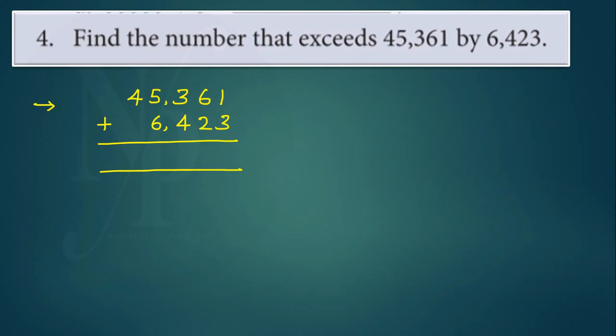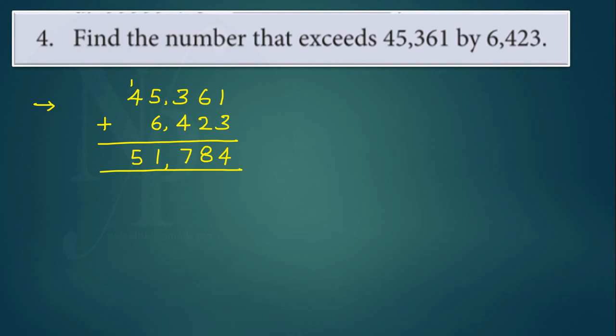So 1 plus 3 is 4, 6 plus 2 is 8, 3 plus 4 is 7, 5 plus 6 is 11, 1 is carried forward, and 4 plus 1 is 5. So 51,784 is the required solution.